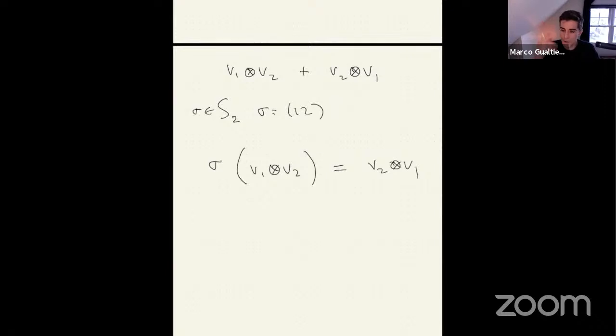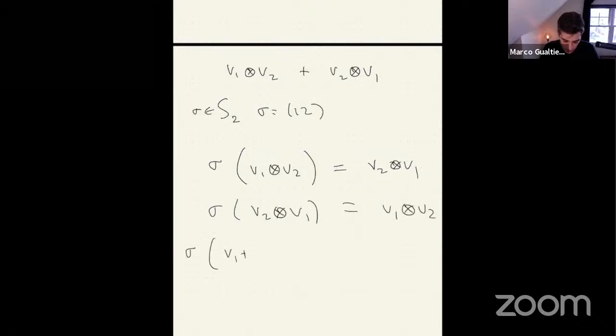It'll switch the vectors, and sigma applied to V2 tensor V1 will be V1 tensor V2. So as a result, sigma applied to the sum, V1 tensor V2 plus V2 tensor V1, will be the same thing back again.